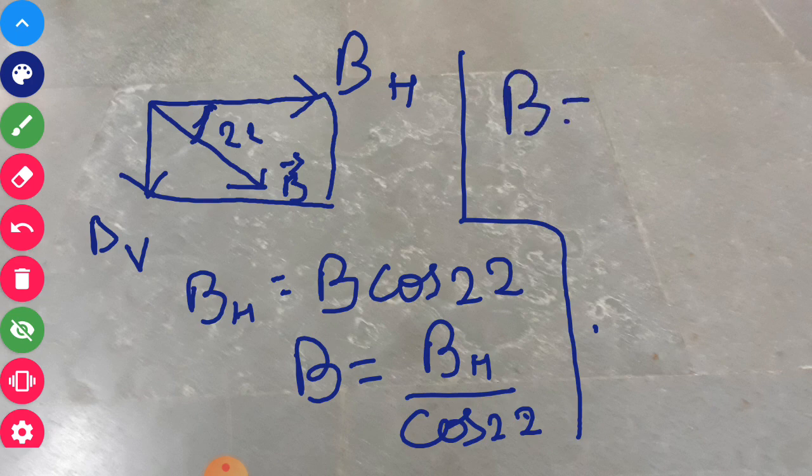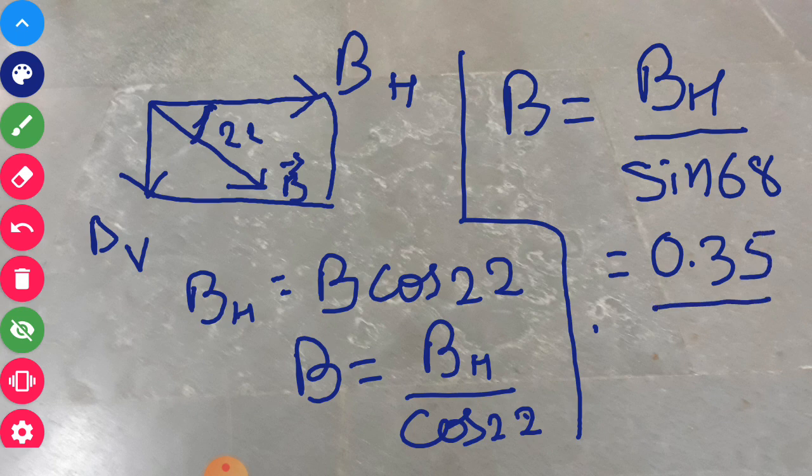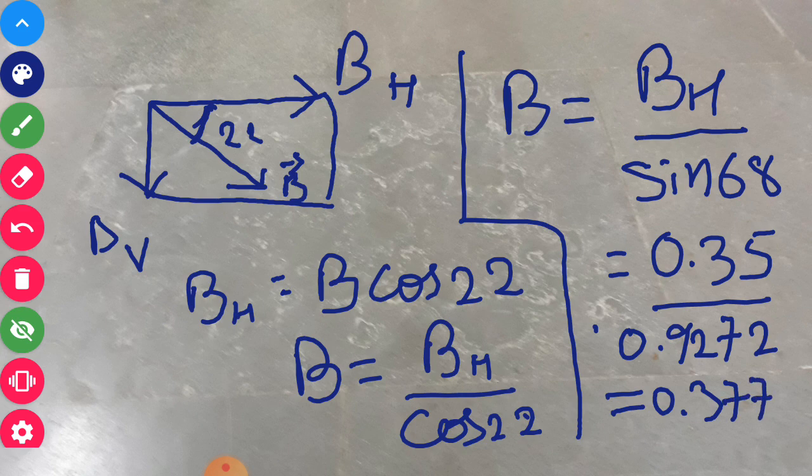So B = BH/sin 68, and sin 68 we have to look into the table. The value of BH is given, 0.35 Gauss. The value of sin 68 is about 0.9272, and simplifying this we get 0.377 Gauss.